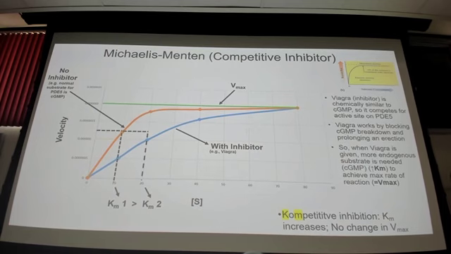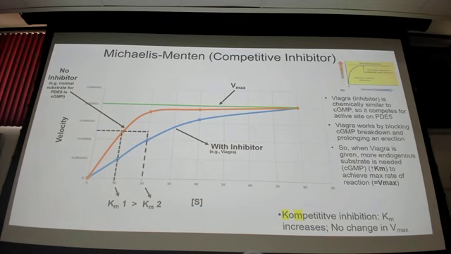Any other questions? Since there's the oopsie with the greater than, less than symbol, is the orange line then still no inhibitor?